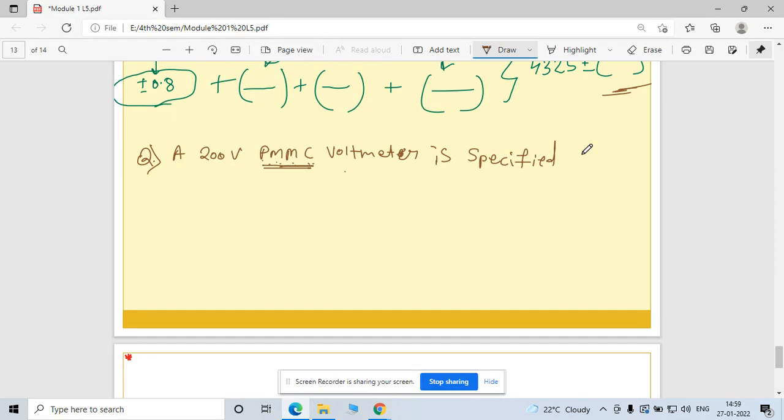Voltmeter is specified to be accurate within plus minus of 2% of full scale.